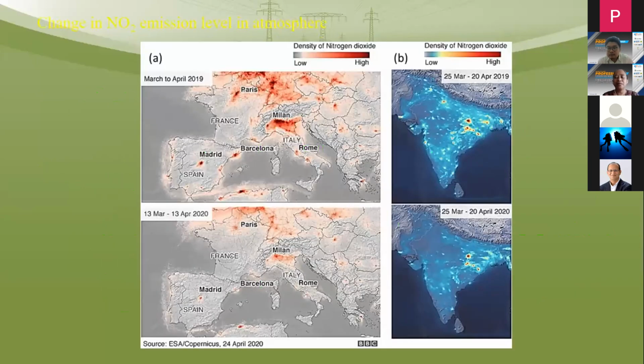And from the point of view of environmental impact, we could see also that the density of nitrogen dioxide during the pandemic in certain parts is lower. So it is a better condition in terms of environmental condition.